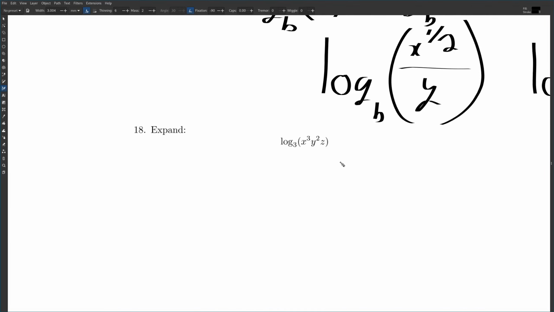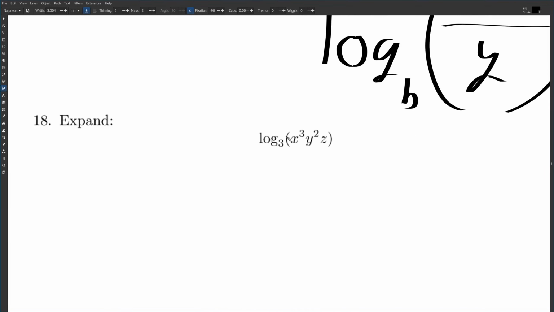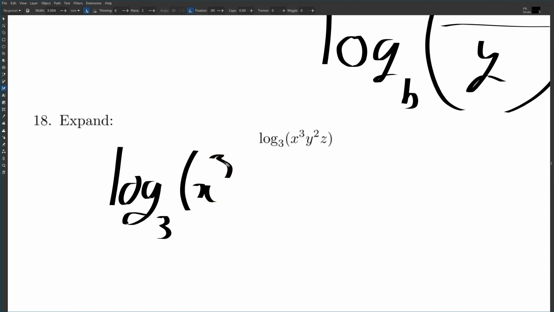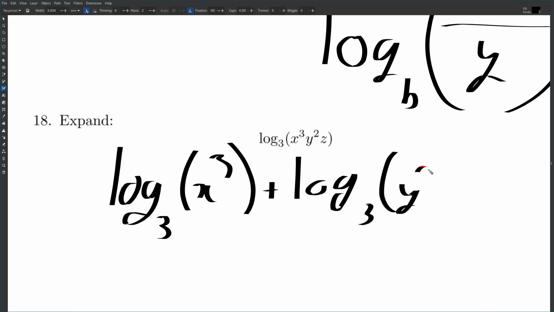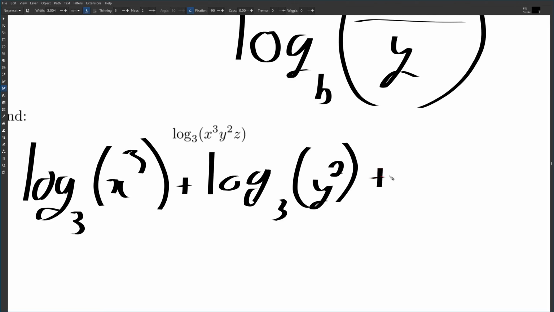Okay, next one. Log base 3 of x cubed y squared z. You should be getting the hang of this by now. Since we have a product, we're going to just sum. So log base 3 x cubed plus log base 3 of y squared plus log base 3 of z.